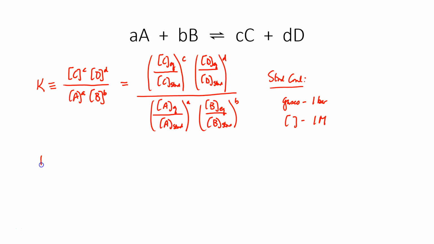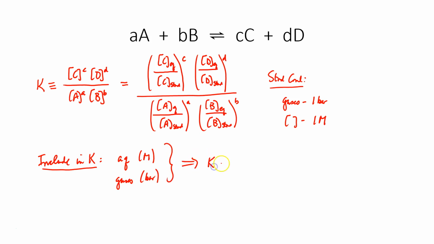So what we include in the equilibrium constant, which I'm sure you remember, is the concentrations of aqueous species in units of molarity and the concentrations of gases in units of bar. And when we do that, K, the equilibrium constant, is unitless.